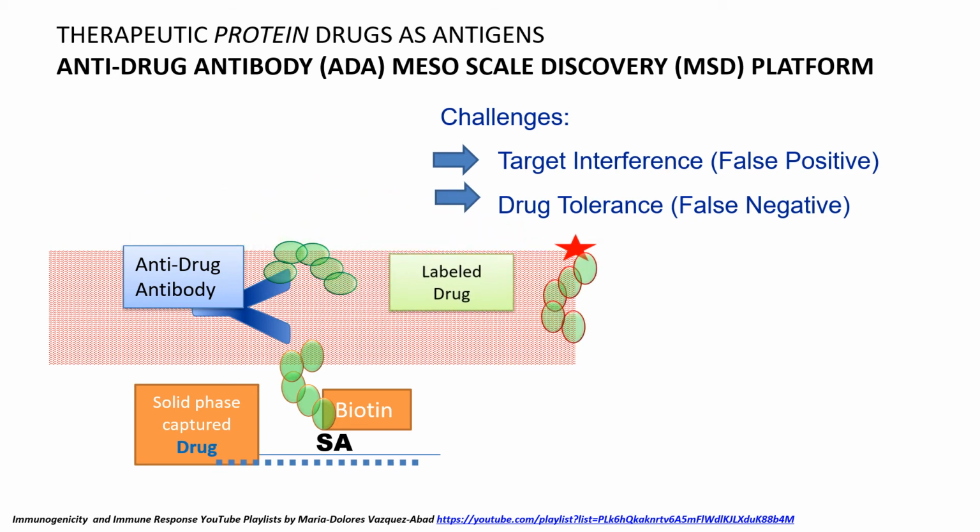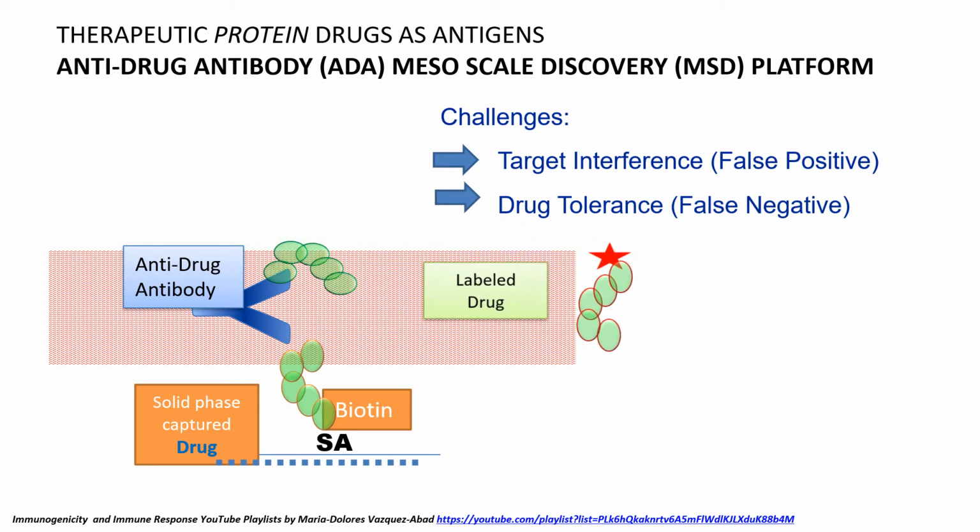So when we come back with labeled drug, it doesn't bind because the anti-drug antibody is already occupied by the drug in the blood, and maybe some of it bound to the plate, but there's no more available anti-drug antibody to be identified by the labeled drug. So drug tolerance is when there is drug in the blood that actually will produce a false negative result.